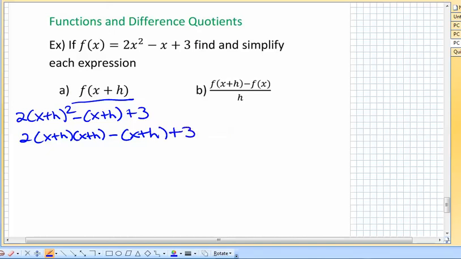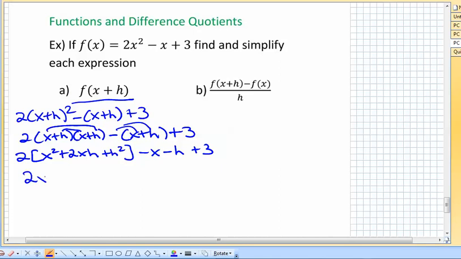Plus 3. So now when we FOIL, we get x squared plus 2xh, because you have x times h and x times h, and then plus h squared. Distribute the negative sign, so you get minus x minus h plus 3. So then distribute the 2.